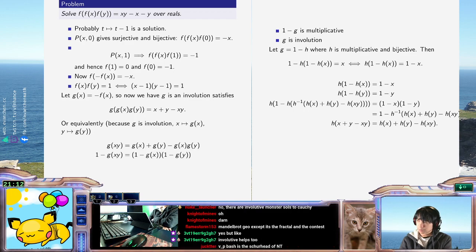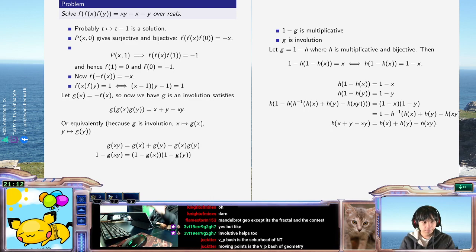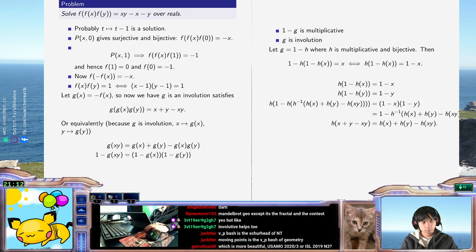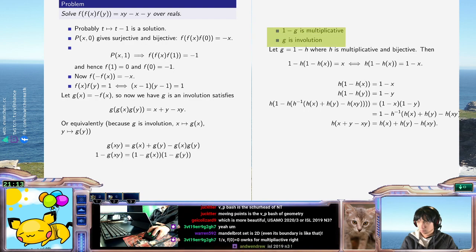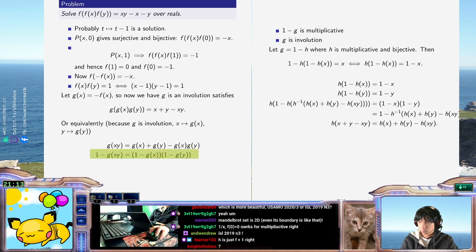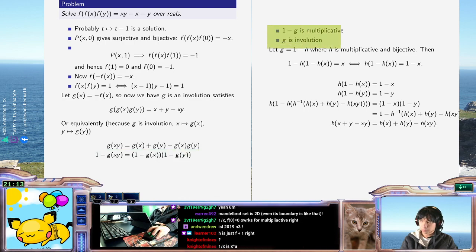Do I even know h is multiplicative or bijective actually? I know I want to find all functions for which 1 minus g is multiplicative and g is an involution.